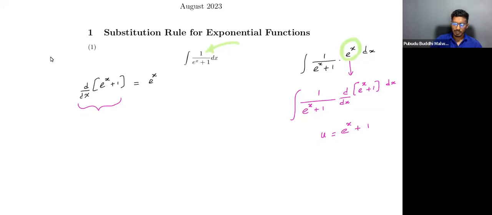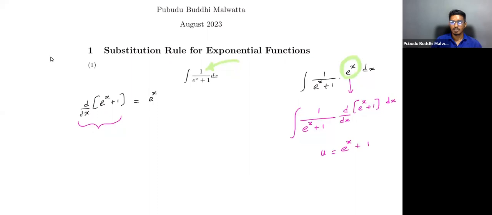So for that, I'm trying to create something. We need an exponential term for the numerator. To create that, I can multiply both numerator and denominator by exponential minus x.